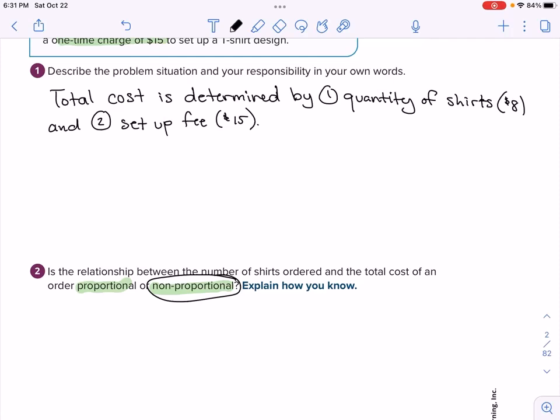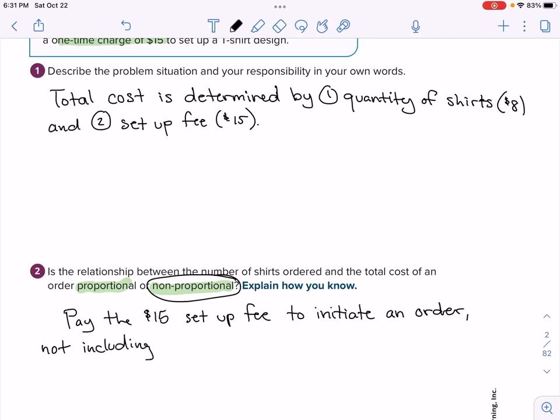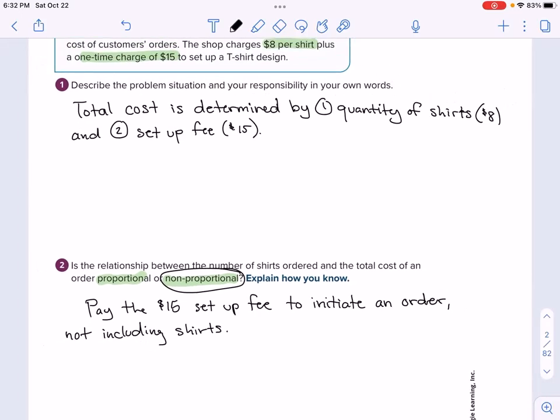It is possible for you to pay money without even purchasing any shirts, because you'll have to pay the $15 setup fee to start an order, including shirts. So 0 shirts, but I'm still paying $15 for them to design whatever logo or design that you want this place to make. If it were $0 and 0 shirts, then it would be proportional, but this is non-proportional.